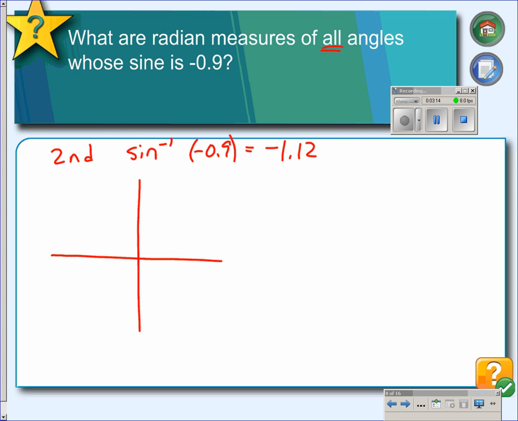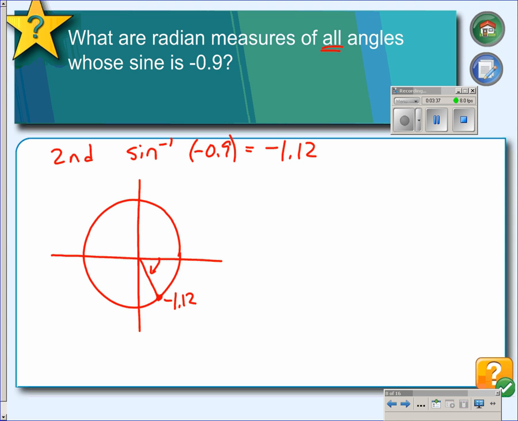In your unit circle, that's going to be down here, -1.12 radians. So it's in this region right here. If we want all answers, this would mean all coterminal angles with that one.